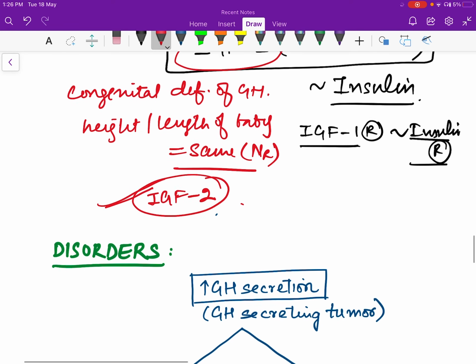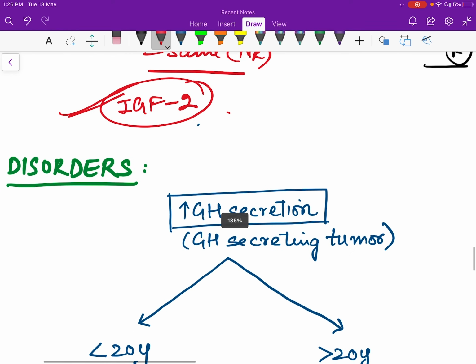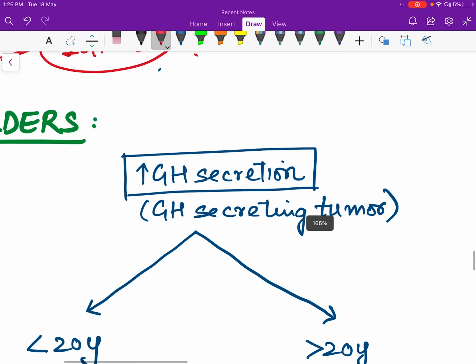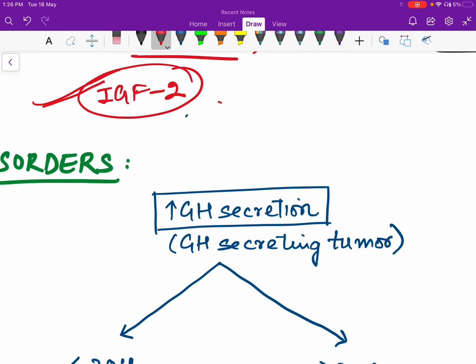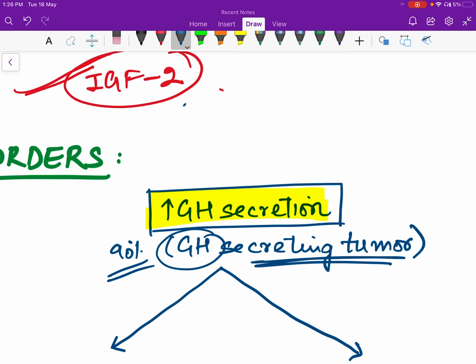Now let us try to understand some disorders related to growth hormone. A very important disorder is because of increased growth hormone secretion. I'm talking actually about acromegaly. Whenever there is increased growth hormone secretion, almost 90% of the time it is because of a growth hormone secreting tumor in the anterior pituitary.